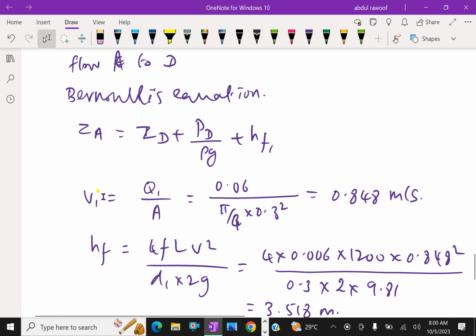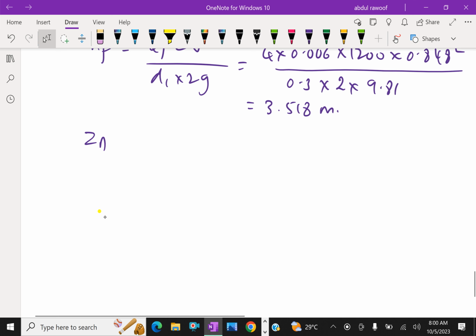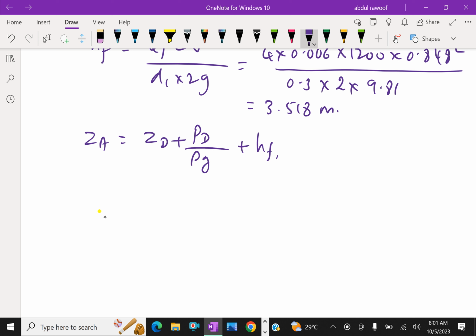Now applying the Bernoulli's equation, ZA equals ZD plus pressure over rho g plus HF1.